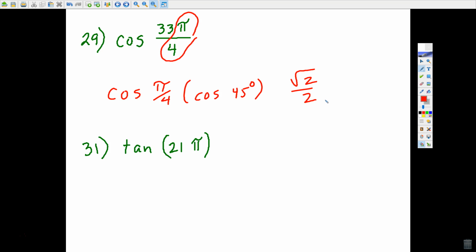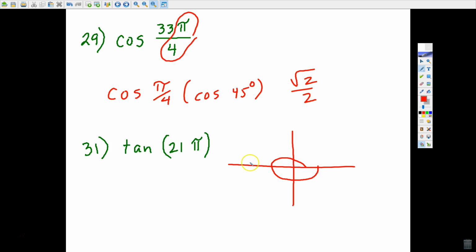Okay, let's think about 21 pi. Remember, all the way around is 2 pi. So we're going all the way around 2, 4, 6, 8, 10, and then I'm going to end right here.